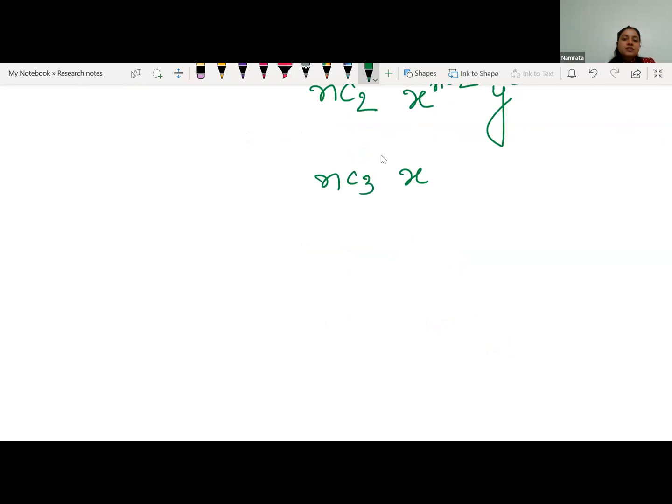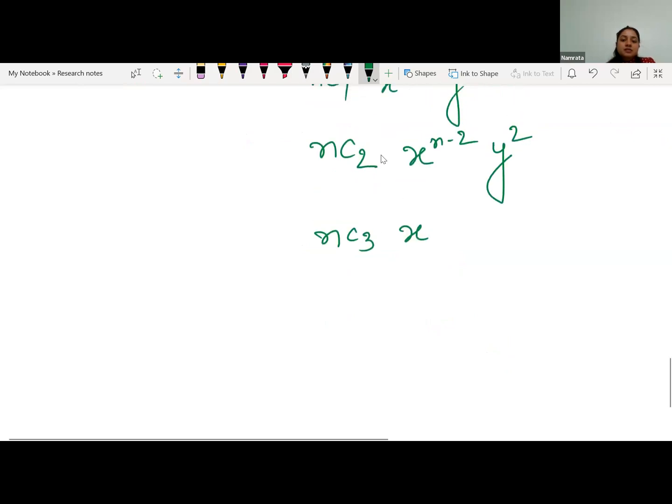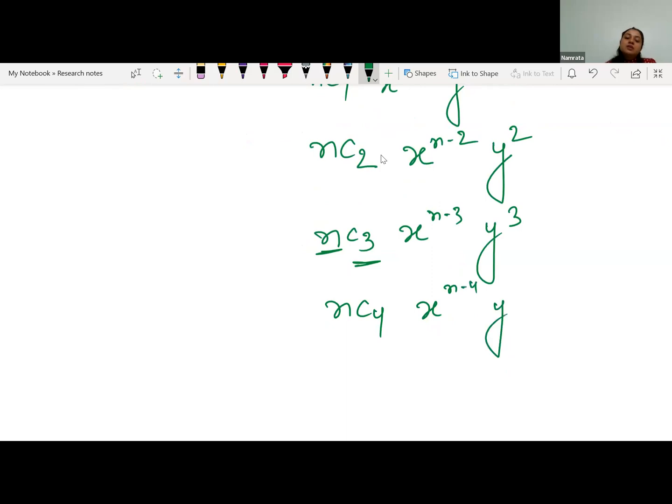Yes, Lena, n minus 3, and the power of y will be only 3. If you are writing nc4, the power of x will be n minus 4 and y will be 4. If you are writing nc5, the power of x will be n minus 5, right? And y will be only 5.